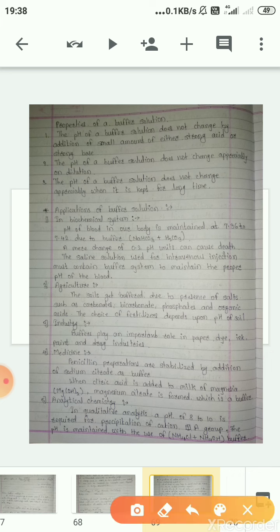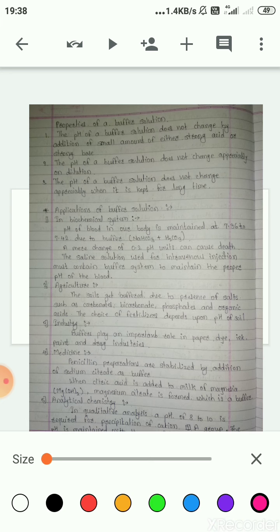Now what are the properties of buffer solution? Already we have seen the first property in the definition. The pH of buffer solution does not change by addition of a small amount of either strong acid or strong base.